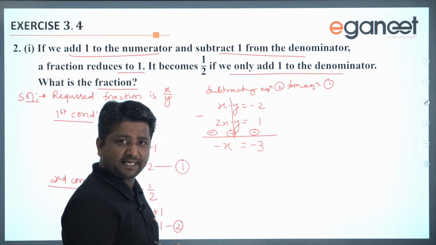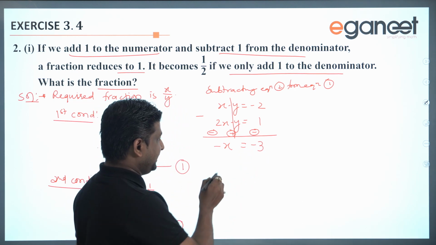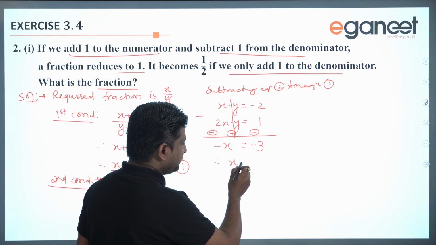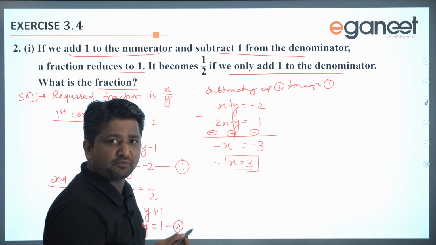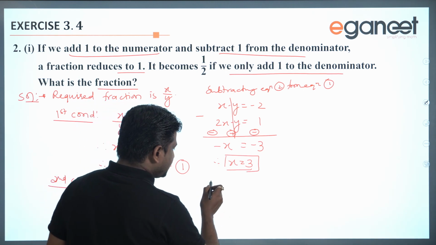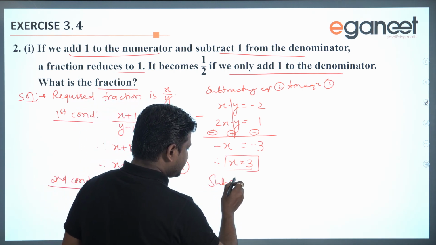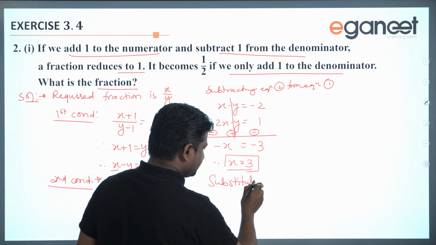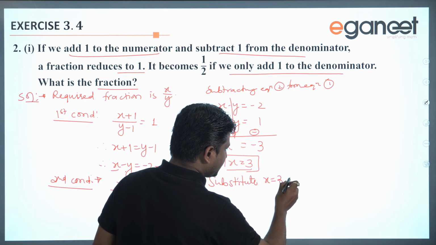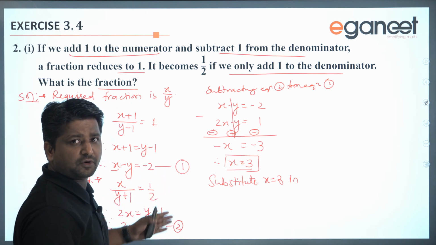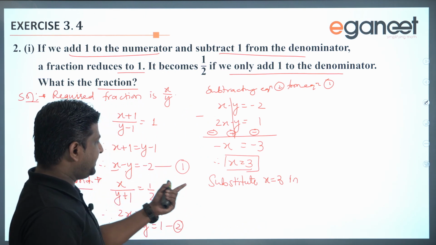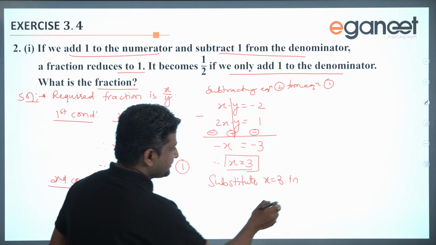So what is the value of x here? As x is the numerator, we have obtained the value of the numerator. It is 3. x equals 3. And now what to do? We are going to substitute. Let's substitute x equals 3 in either equation 1 or equation 2. Let me substitute it in equation number 1.